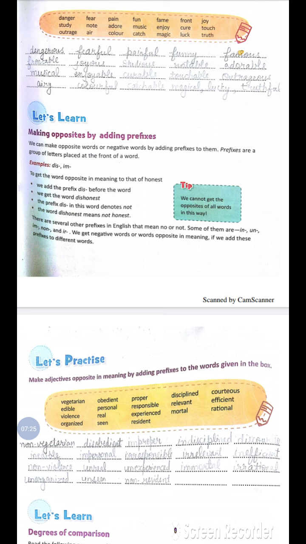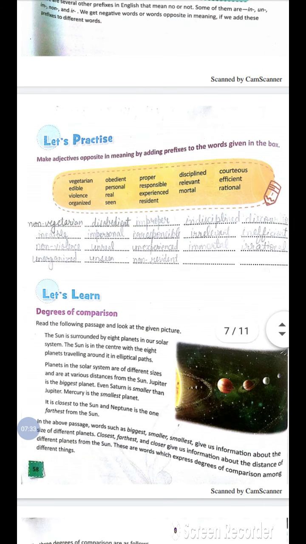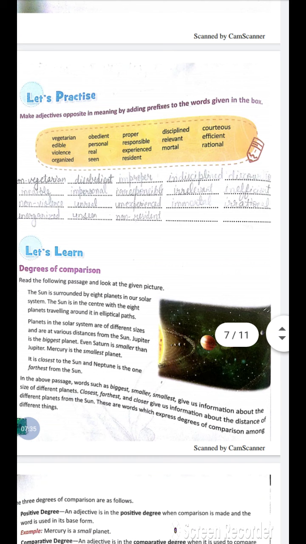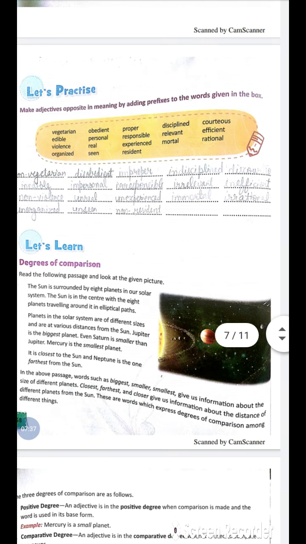And the examples are dis, im, non, un, in, etc. So again, there are some words given in which you have to add the prefix to change them into negatives or opposites. For example, vegetarian, non-vegetarian, obedient, disobedient, proper, improper, disciplined, indisciplined, courteous, discourteous, and so on.